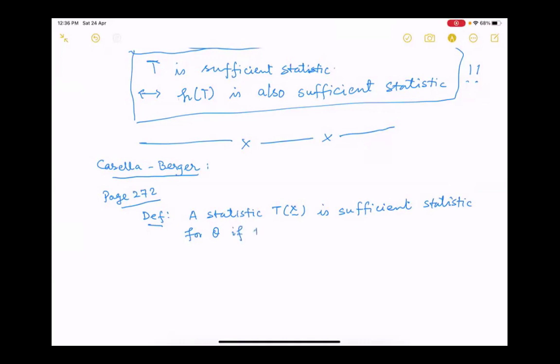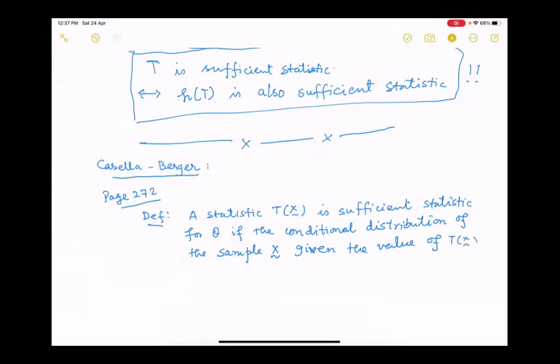if the conditional distribution of the sample X tilde given the value of T of X tilde does not depend on theta.